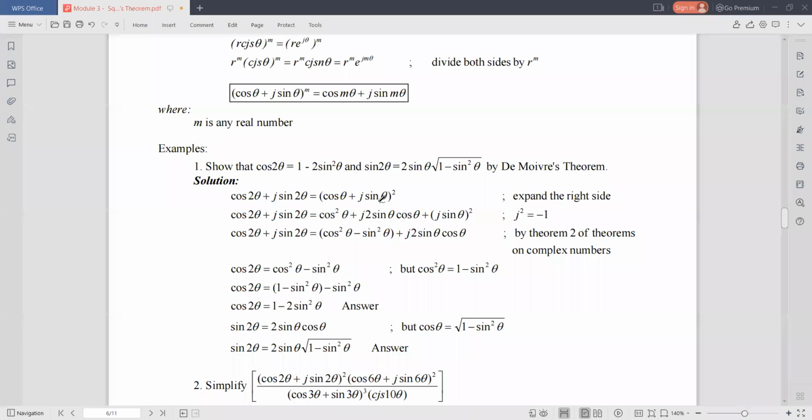Trigonometric identities. Wait, let's take a look.